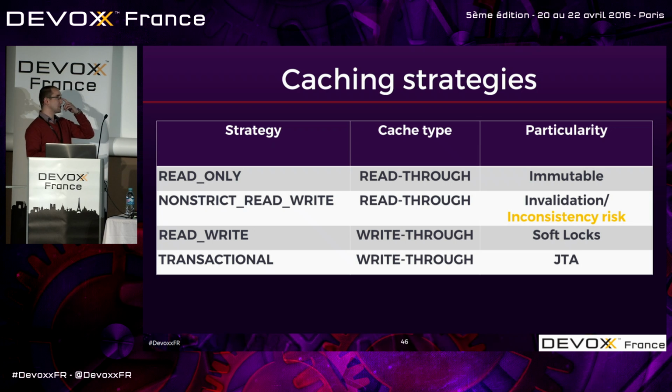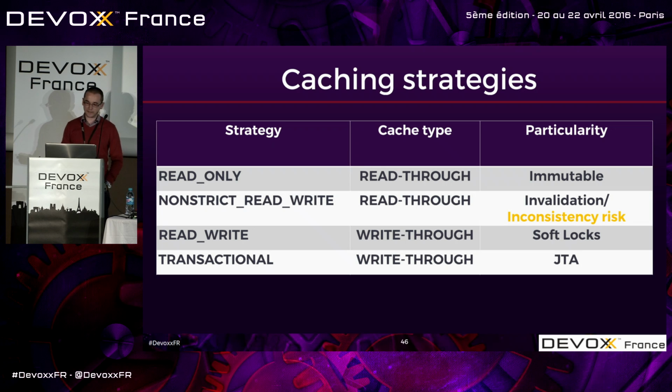The read-only cache, the first one, well, yeah, you can use that, but if you have read-only entities, you can just cache them at the application level. That's very simple. If entities never change, you can store them anywhere, because you'll never bump into consistency issues. Then you have the read-write cache.